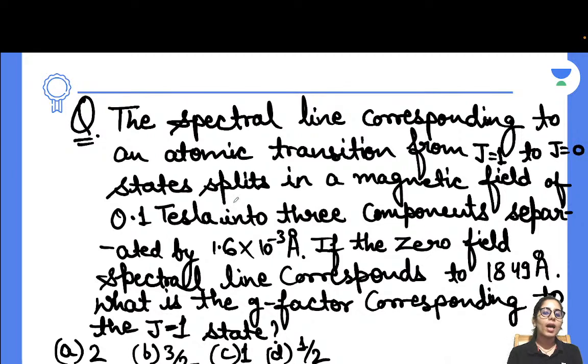Okay, so in that situation, if we talk about the value of the g factor you are going to have, then what will happen? Very good, Sakshi. So what will be your g factor value then? Do you know what g factor value you take corresponding to the normal Zeeman effect?